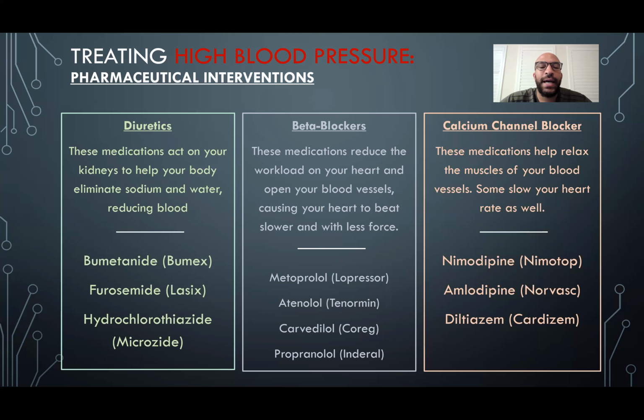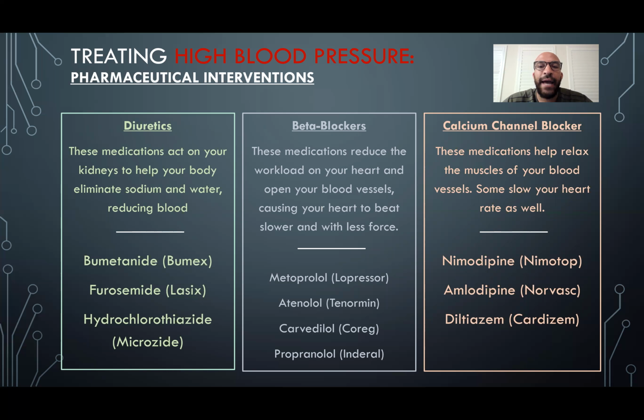Now, you may notice that all of these medications, except for one, end in OLOL. And the one medication that doesn't end in OLOL still ends in LOL. So, if the medication is a beta blocker, 9 times out of 10, it ends in OLOL. And how does it work? It works by opening the blood vessels, allowing the heart to beat slower, and decreasing the amount of force necessary to move blood through the blood vessel.